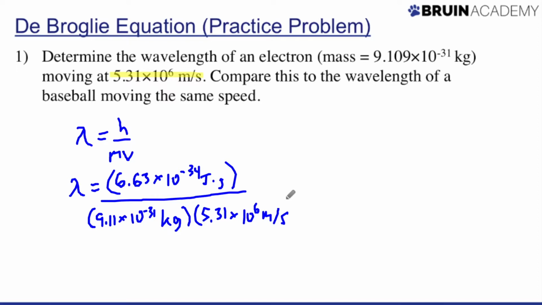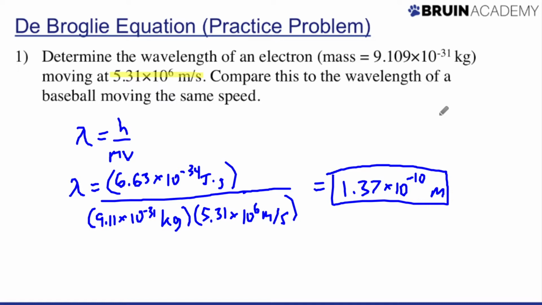Our units are going to cancel, and we're going to get our final units of wavelength, which is a unit of length, and units will be meters. We plug this into our calculator, and we get 1.37 times 10 to the negative 10 meters. So that would be your final answer.